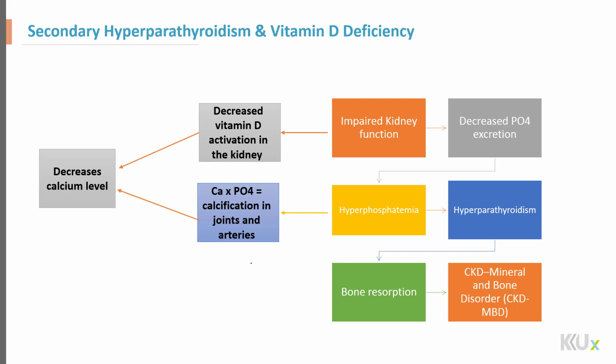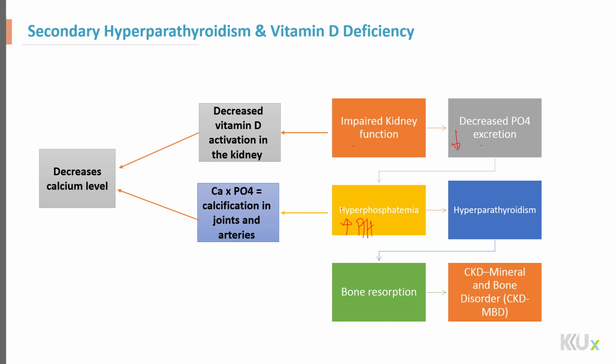The third complication of chronic kidney disease is secondary hyperparathyroidism, and associated with this, active vitamin D deficiency. What happens exactly? With impaired kidney function, phosphorus excretion starts to decrease. What happens? Parathyroid hormone, PTH, starts to increase.